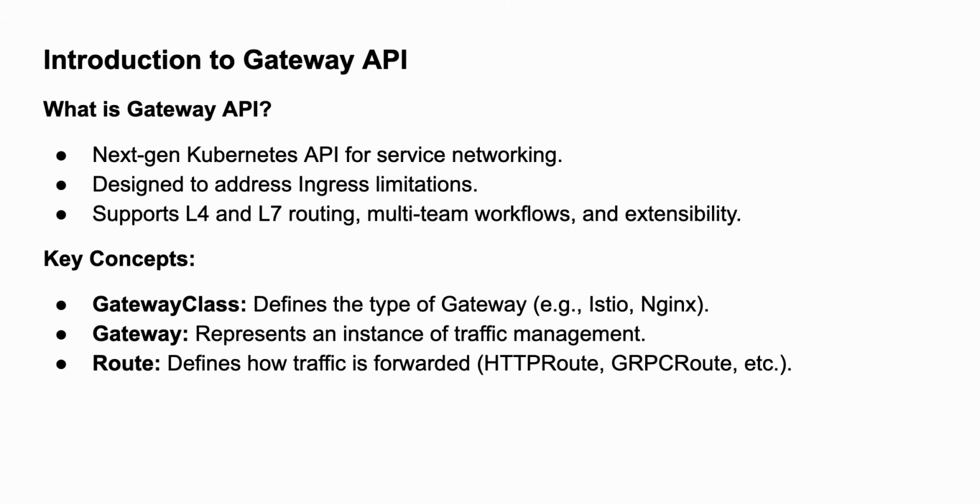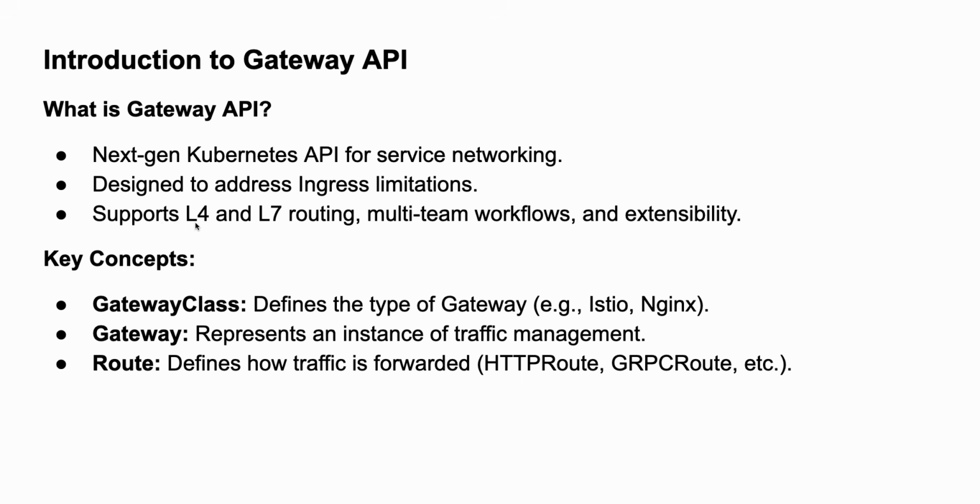So now a new topic, which is the introduction to Gateway API. Gateway API is a next generation Kubernetes API for service networking, and it is designed to address and add more capabilities which the current Ingress is not providing.